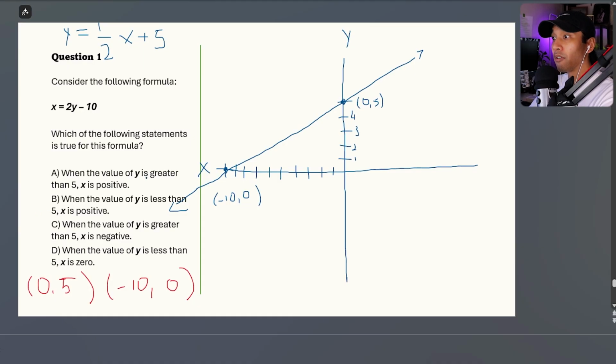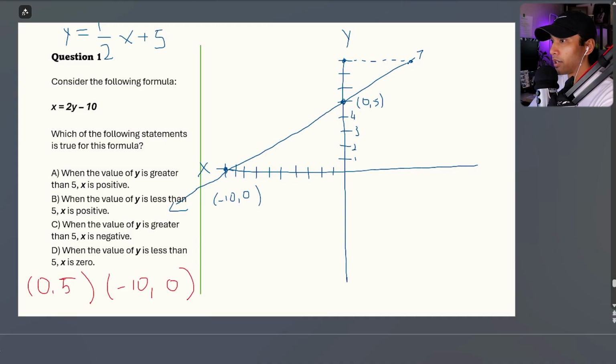So when the value of y is greater than 5, so anything greater, let's choose this one right here. And this is 8, I believe. 5, 6, 7, 8. So we have 8. So I'm going to go over this way, right? Because I want to touch my line.